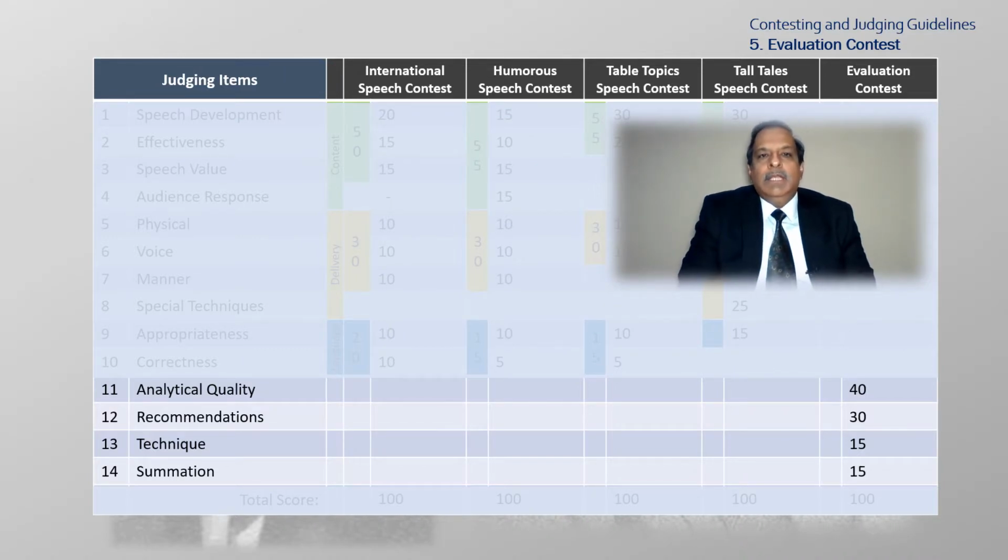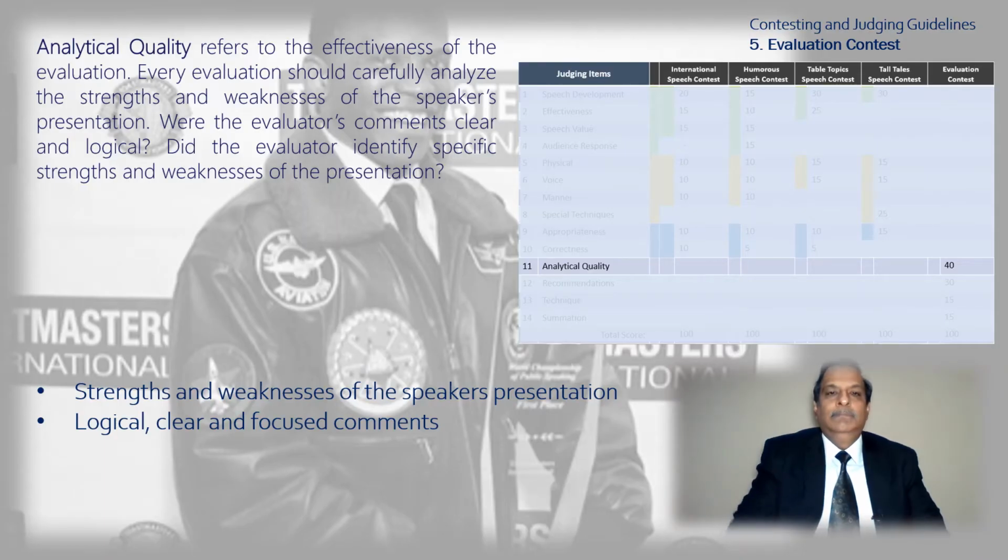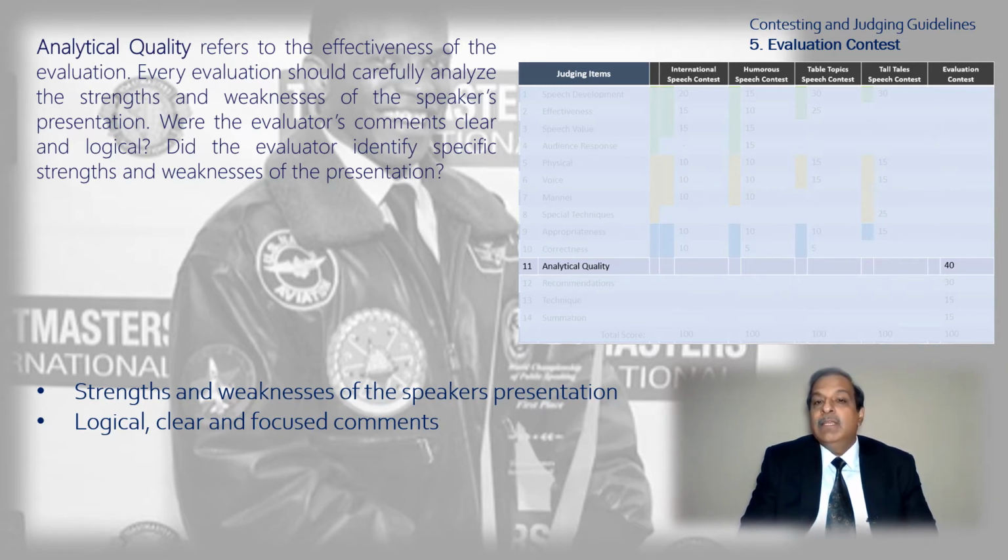Let's have a look at what is needed to excel at the evaluation of a speech. The dimensions are analytical quality, recommendations, technique, and summation. Analytical quality shows how carefully the evaluation has been analyzed, finding the strengths and weaknesses of the speaker's presentation.